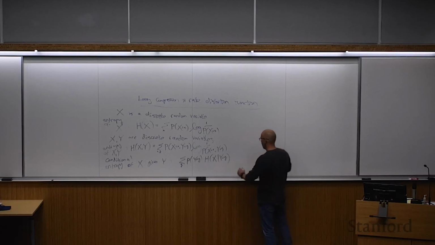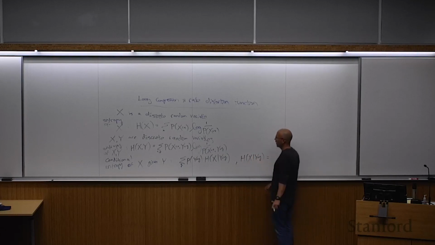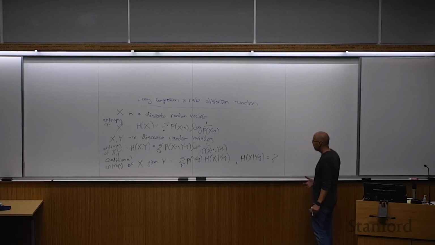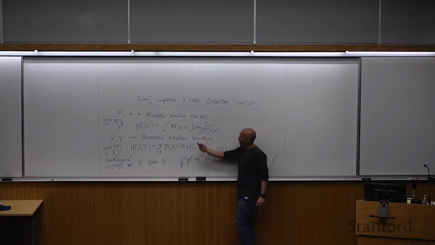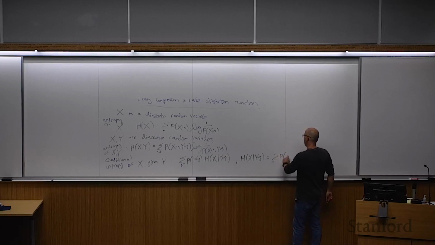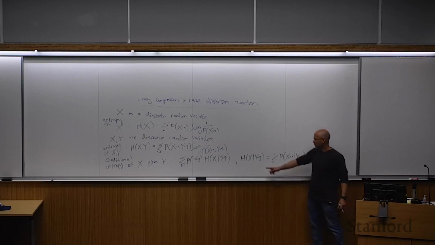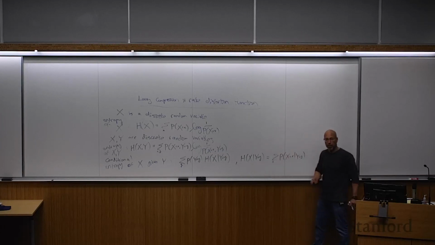Okay, so this thing is precisely this thing. So I'm going to sum up over all the values, small x, that x can take. This time, the role of the probability mass function on x will be played by the conditional probability mass function on x, given that y is equal to this particular value we're conditioning on.